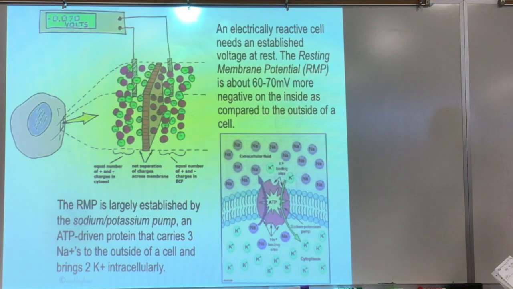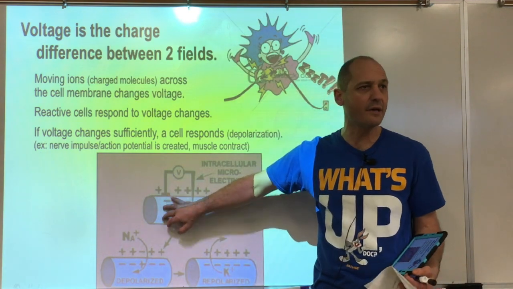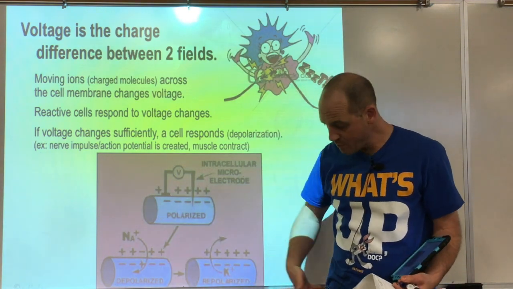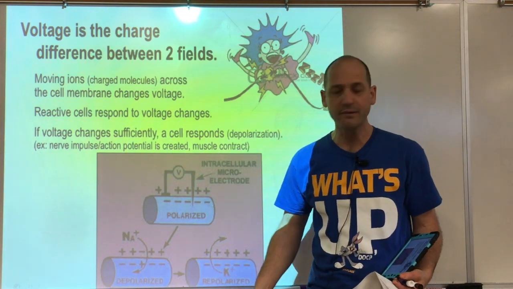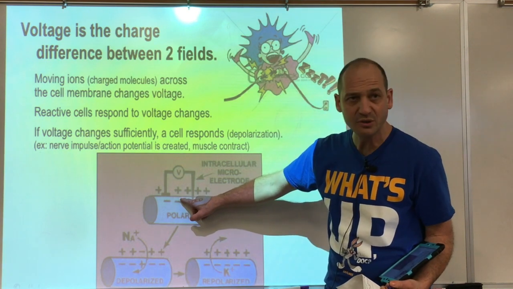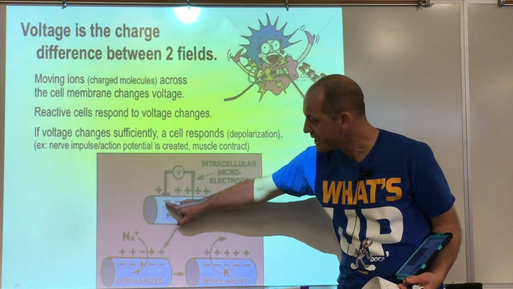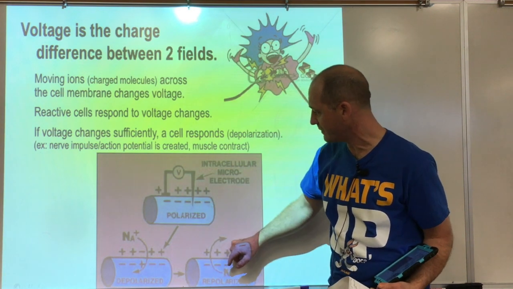And so when we have a cell that's just sitting there, not firing, like when I'm not moving my leg around too much, when I do, then they fire. When I don't, they don't fire. When they don't fire, the pumps make sure the inside is a little bit more negative, and the outside is a little bit more positive.